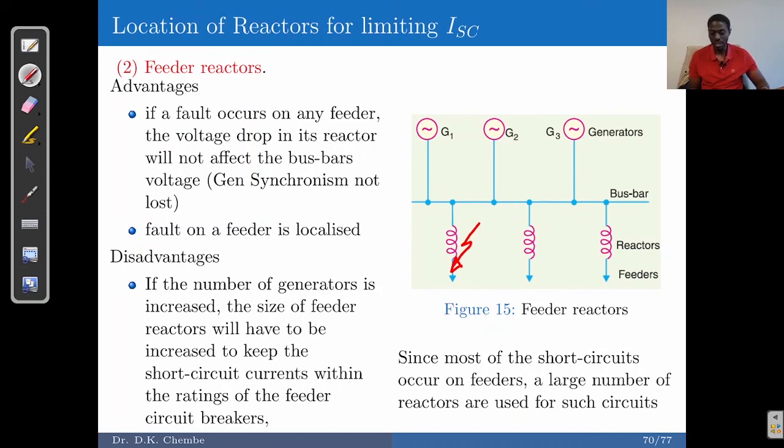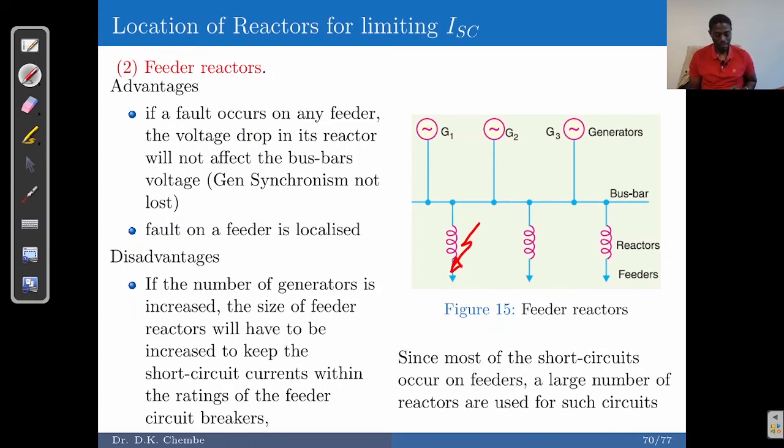Just as in the generator reactors, there is a constant voltage drop and power loss in the reactors even during normal operation. And then if a short circuit occurs at the bus bars, no protection is provided to the generators.